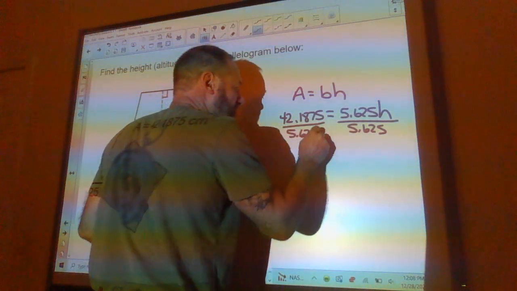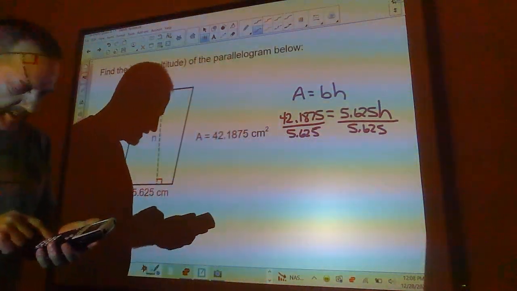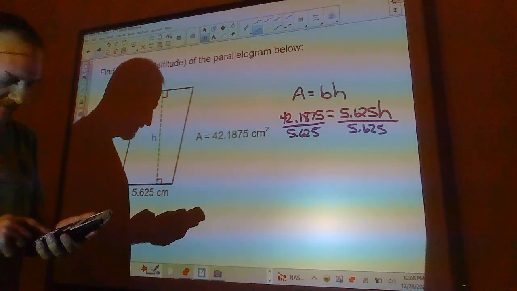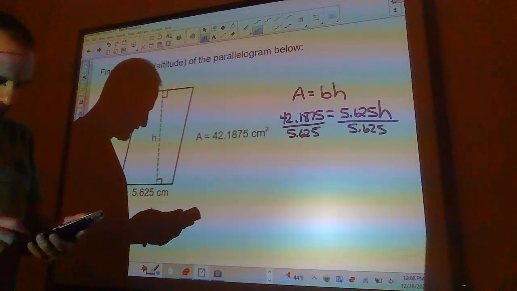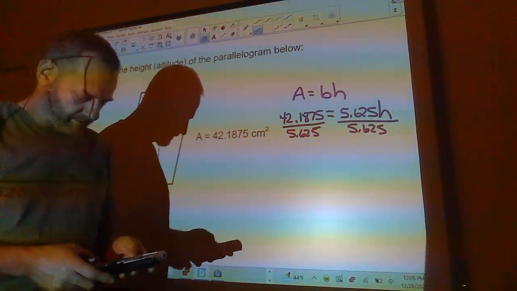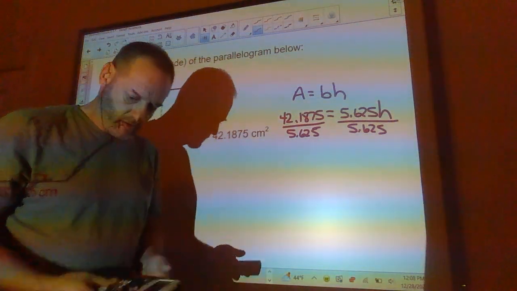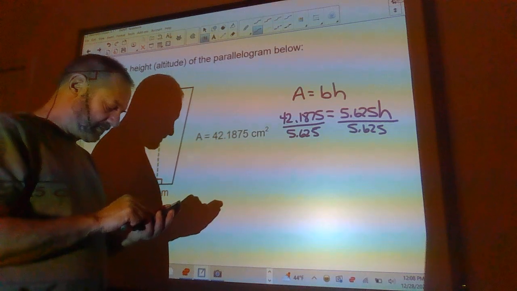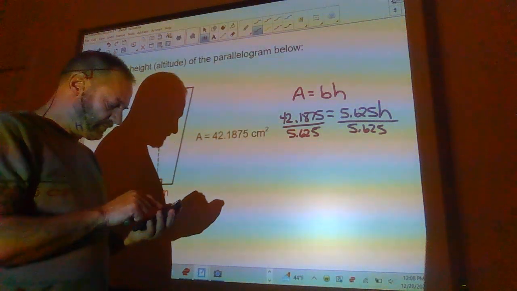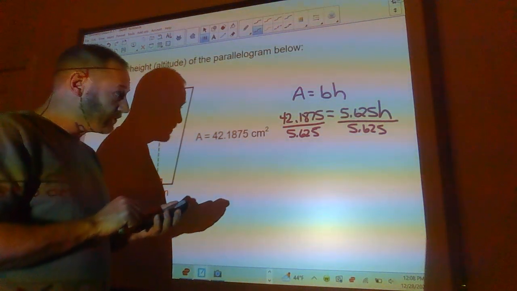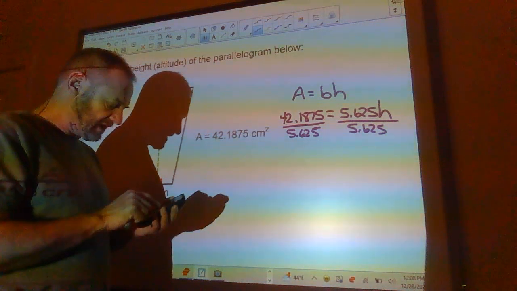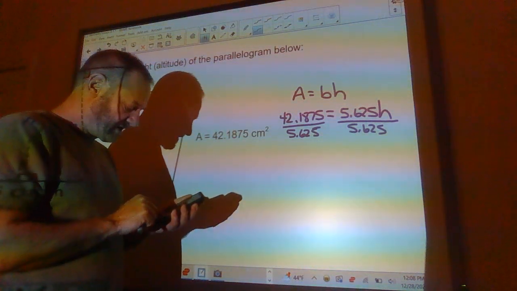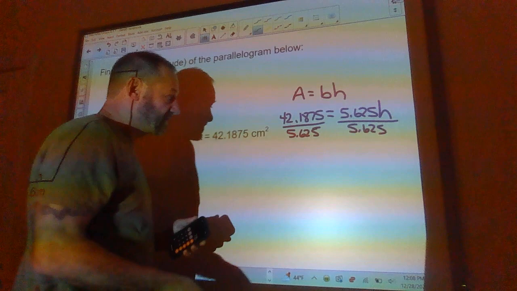This looks like a job for my handy dandy TI-84 Plus C Silver Edition graphing calculator, which apparently the batteries are out, which is strange because I just changed them. So let's get out our backup here, and we can do this. 42.1875 divided by 5.625 comes out to be 7.5.